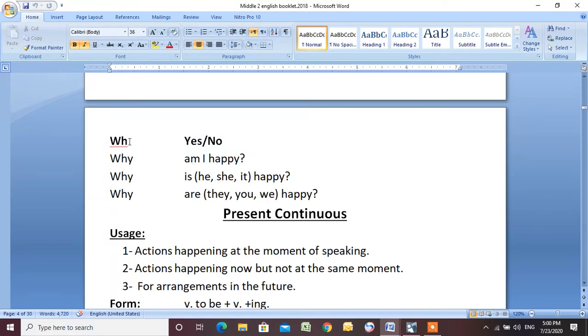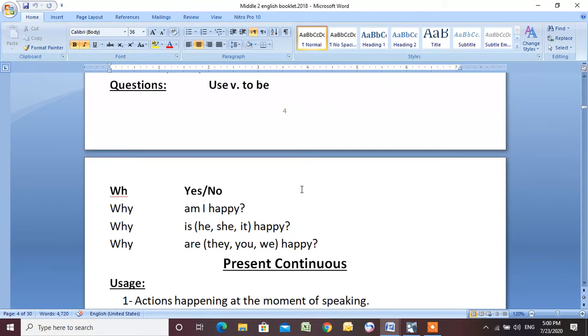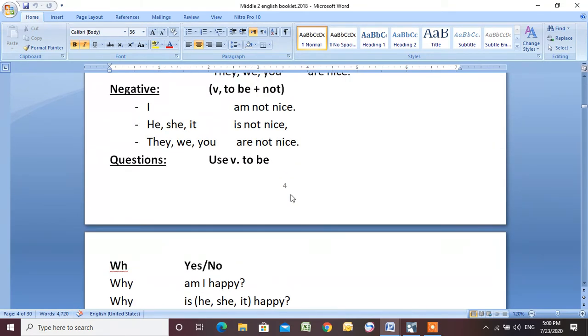With WH questions, of course you can use any word, but here we use why. So why am I happy? Why is she happy? Why are they happy? Okay, so this is a quick idea about the present simple tense.